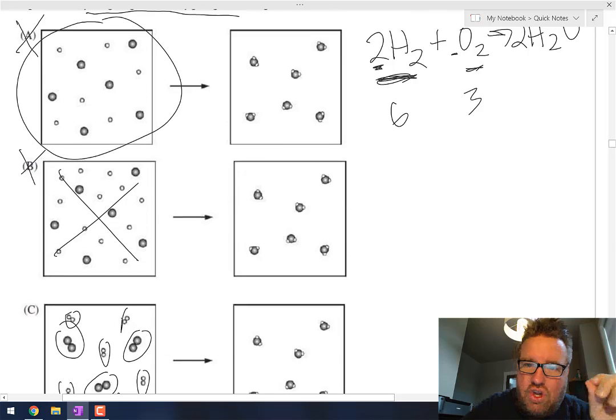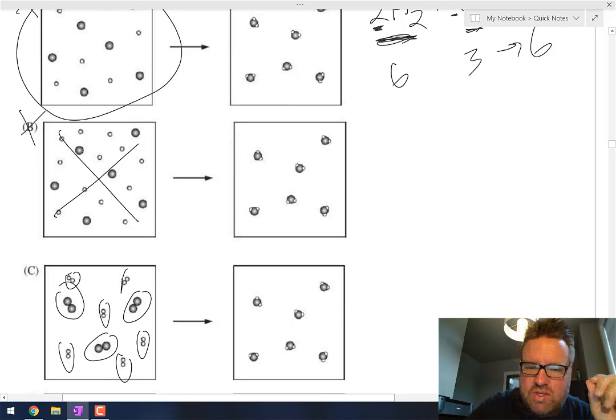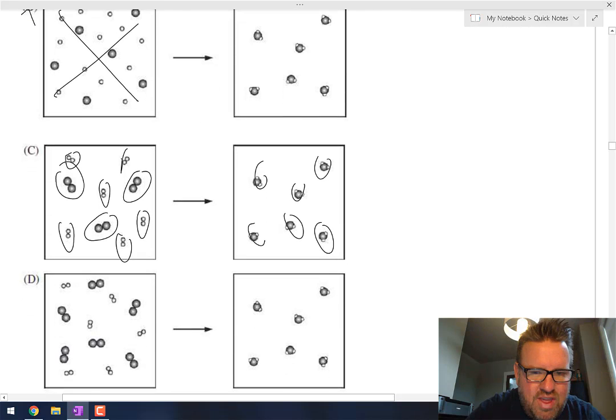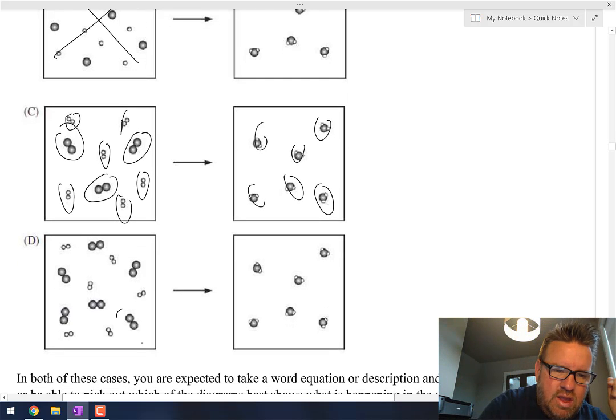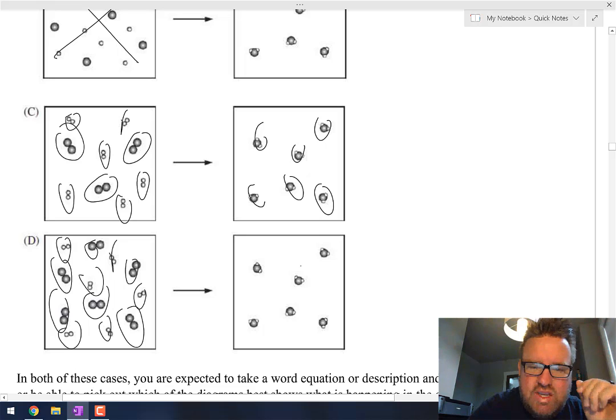If it's a 2 to 1, that should produce 6 waters. Do I have 6 waters? 1, 2, 3, 4, 5, 6. Yes, I do. I think that is the correct answer. Let me just verify with answer D. In answer D, I've got 1, 2, 3, 4, 5, 6 oxygens, 1, 2, 3, 4, 5, 6 hydrogens, and then I have 6 waters.